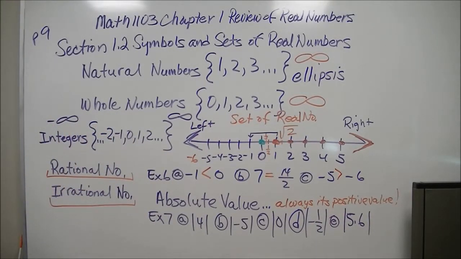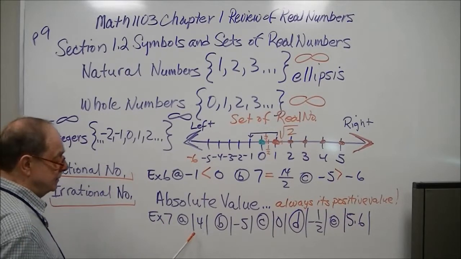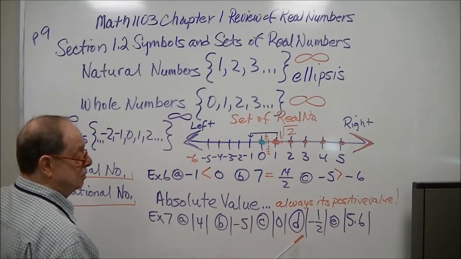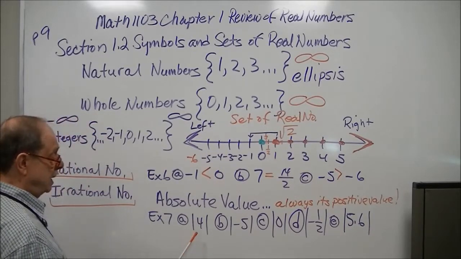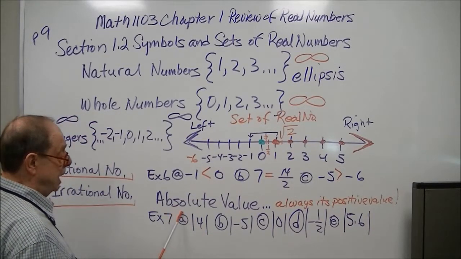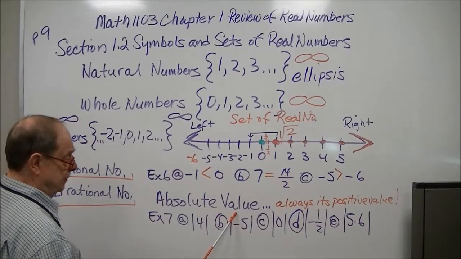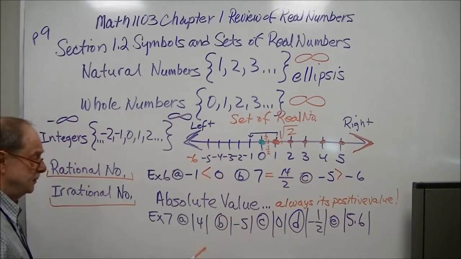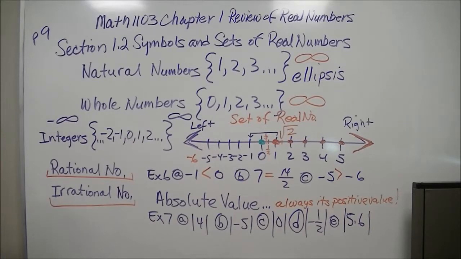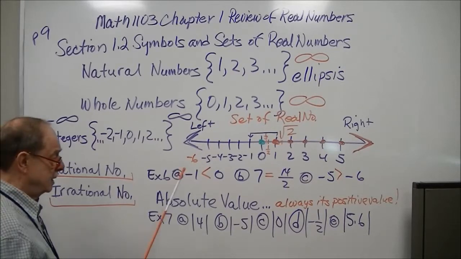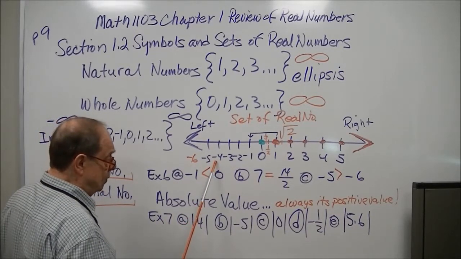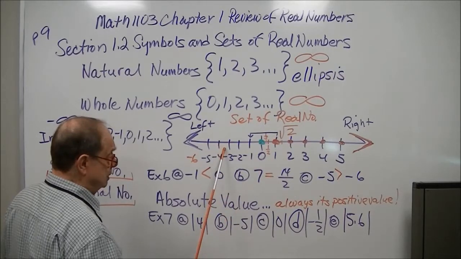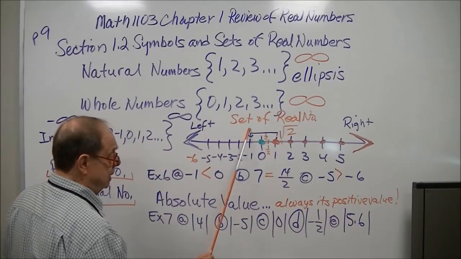All right, taking us to our next item, and we're introducing a new symbol in math, and that is vertical lines around a particular term. These vertical lines indicate what is called absolute value. Now, what is the absolute value of anything? And the answer is its distance from 0. So how far is a -4 from 0? Well, we count. 1, 2, 3, 4.